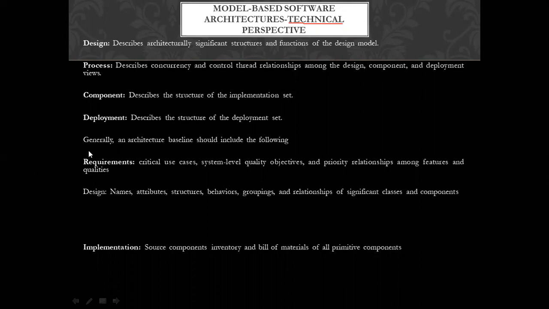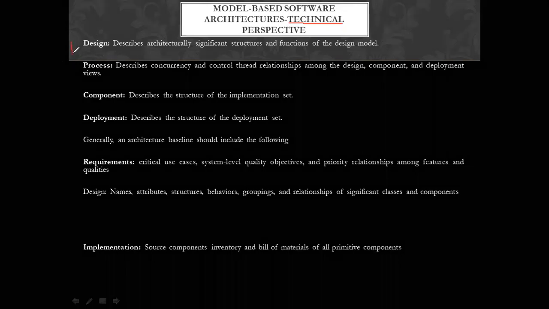For understanding these views: in most real-world systems, there are generally four views that you have to remember, and those four views are design, process, component, and deployment. These four views you have to remember for sure in the technical perspective.